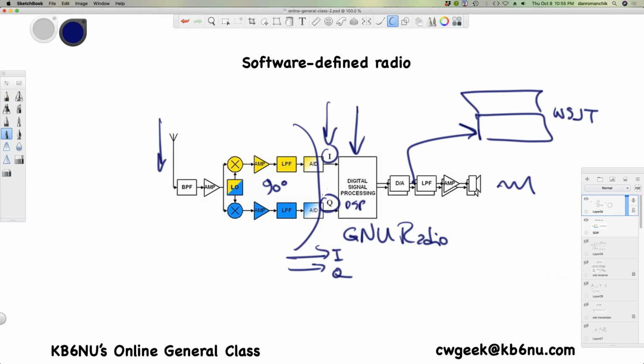But the radio itself, whether you got an IC 7300 or whatever, is still doing the digital signal processing thing here. And actually, I take that back.